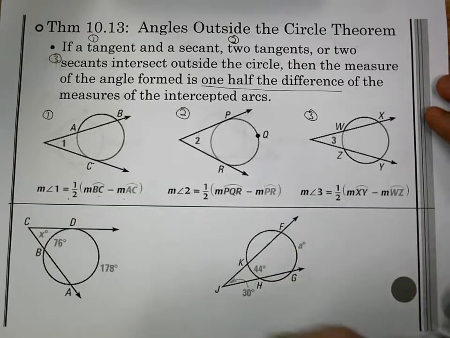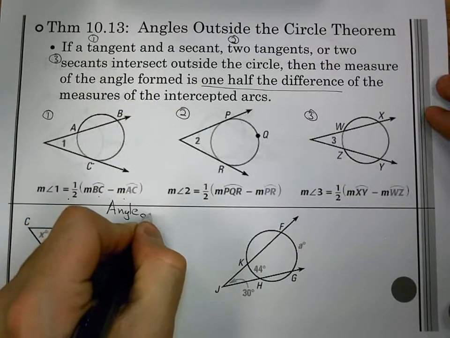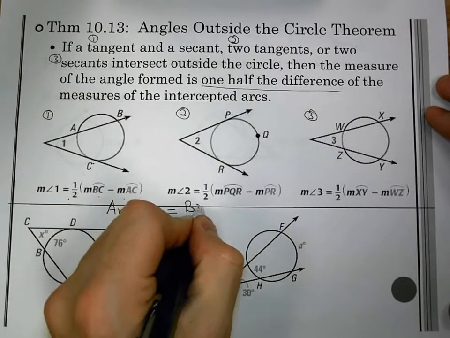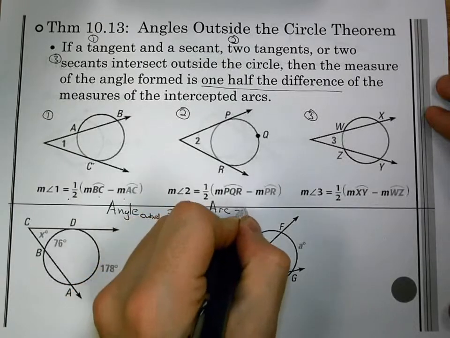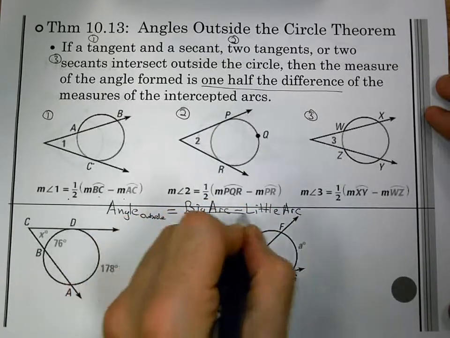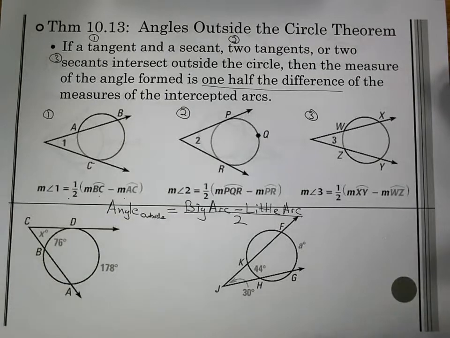We can really sum this one up because the angle that's outside, we'll add that little note there, is equal to the big arc minus the little arc divided by 2. Now, you're not going to do the little arc minus the big arc because that'll give us a negative value, but it's big arc minus little arc divided by 2.